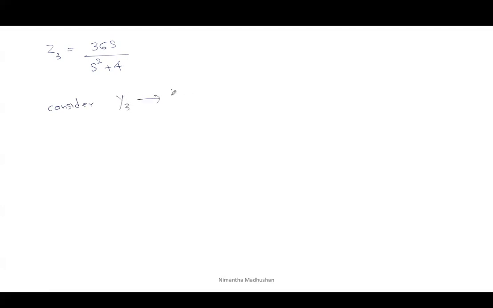Admittance value means 1 over impedance value. 1 over Z3 is equal to S squared plus 4 over 36. I rewrite that again, S over 36 plus 1 over 9S. And these are two admittance values, YA and YB.